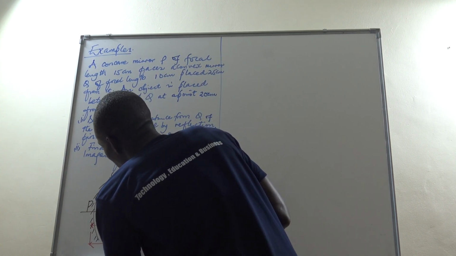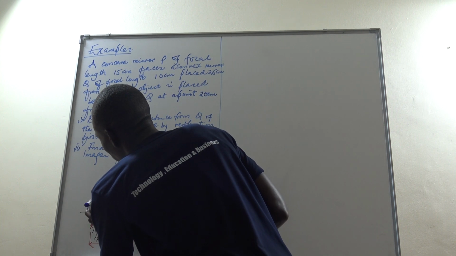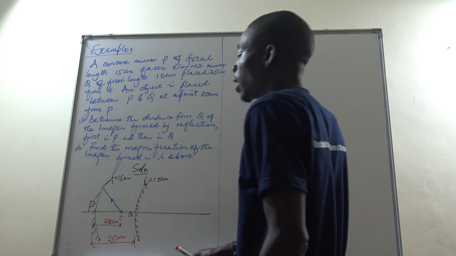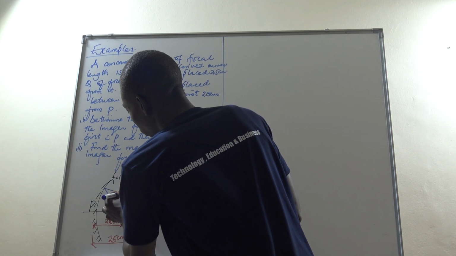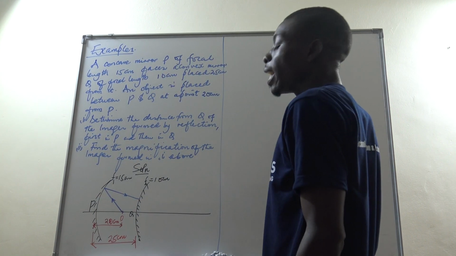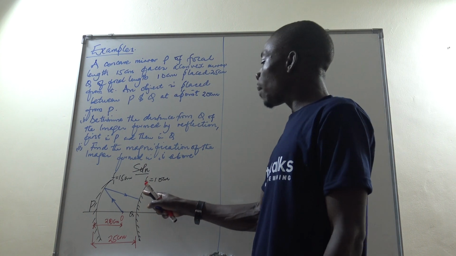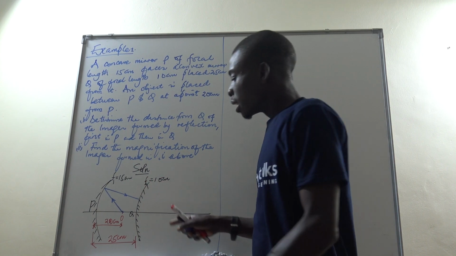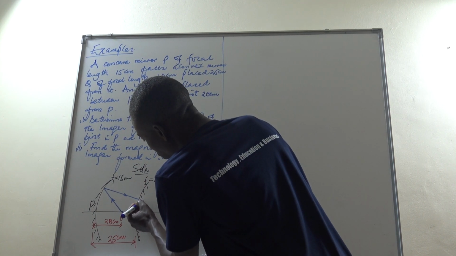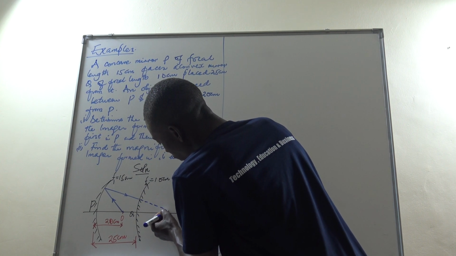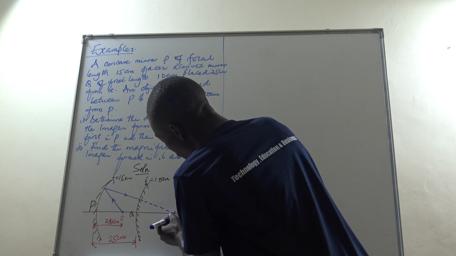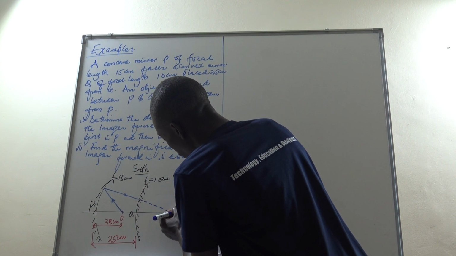That means the rays first went here, reflected from there to come here, and then in the absence of this, the ray was supposed to proceed and form our image I1.